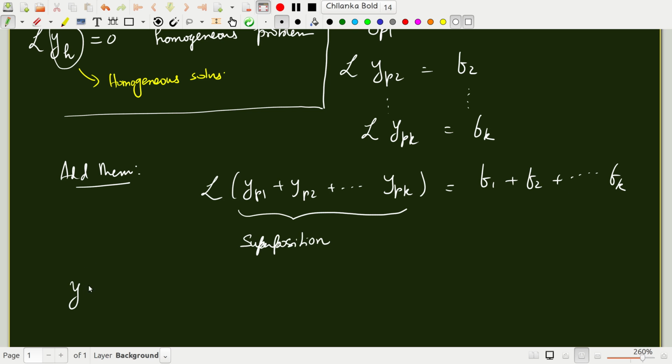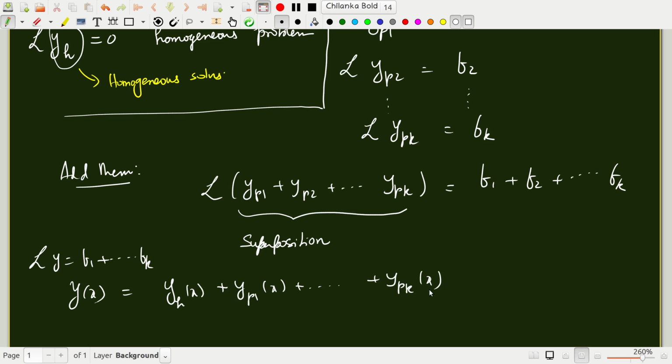So the total solution to Ly equal to f1 to fk is written as the homogeneous solution plus all the particular solutions. This is called the principle of superposition.